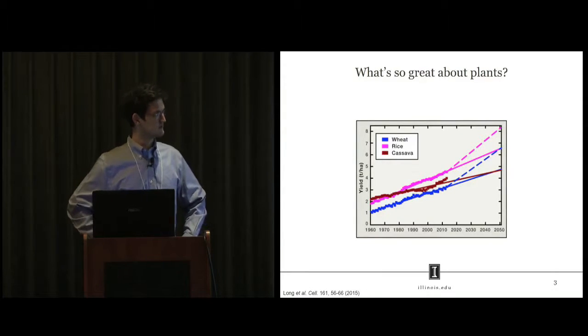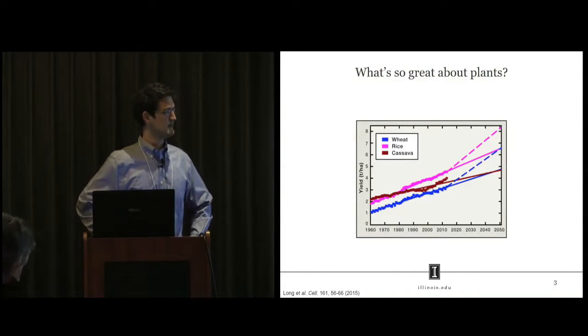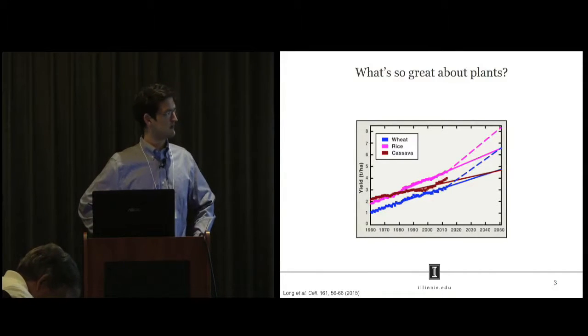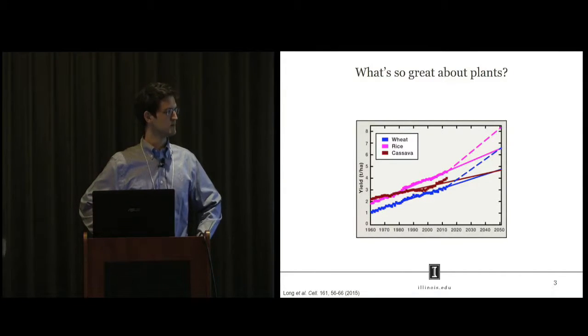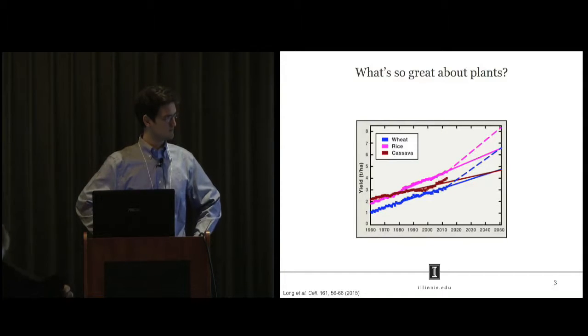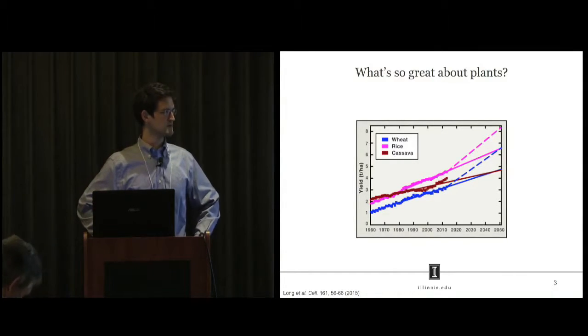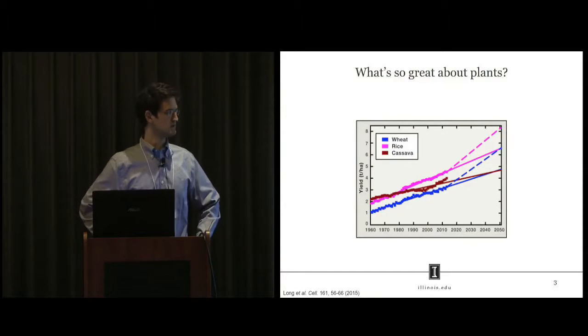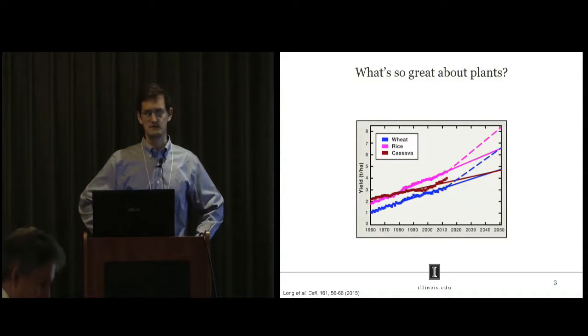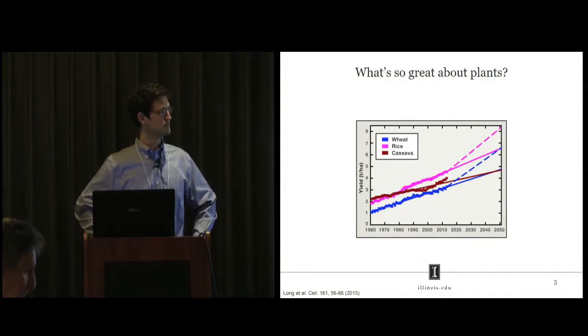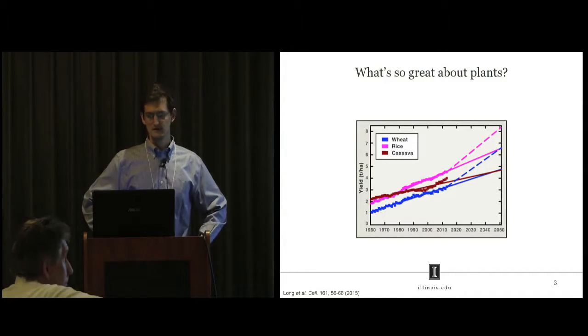So this clearly shows that in order to meet these demands, we will need to produce better crops that can produce more food, and then also, for the example before, we'll need to be able to create crops that are better able to resist harsh climates.